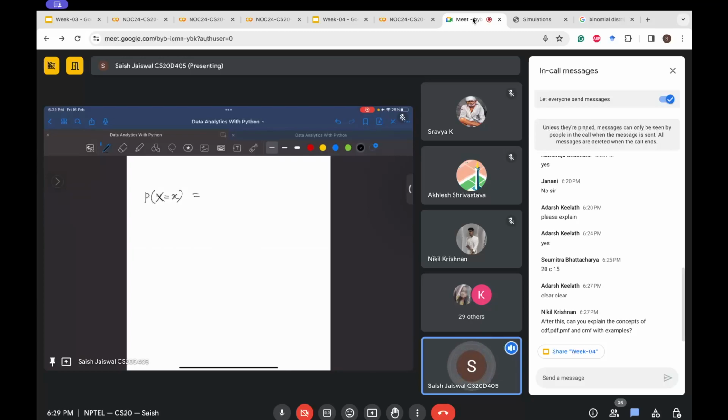What will be the probability that the random variable X takes the value small x? Anyone? Can you come again? There is a random variable X and it takes a small value x. The random variable capital X follows the Poisson distribution. So what will be the formula of the Poisson distribution?